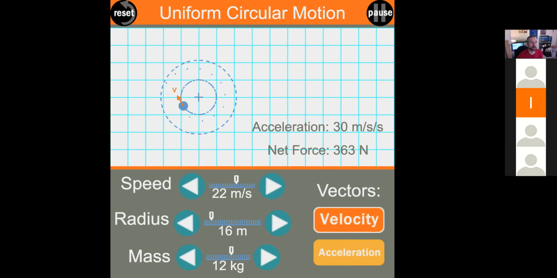Go ahead, Aisha. Are you unmuted because you want to mention that? Okay. What do you notice about the velocity vector? Well, you were unmuted, so I thought you wanted to respond.